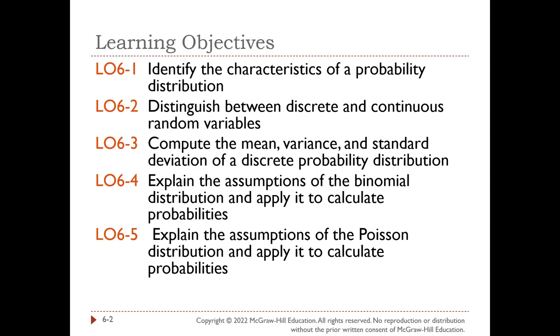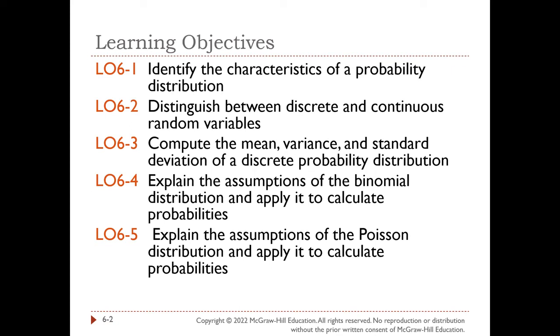Let's see what learning objectives we're going to have in this PowerPoint. First off, we're going to identify the characteristics of a probability distribution. Distinguish between discrete and continuous random variables. Compute the mean, variance, and standard deviation of a discrete probability distribution.